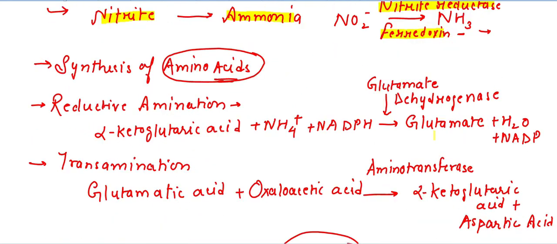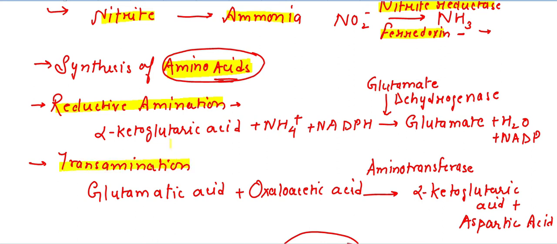Now after that, what happens? The ammonia is used for the formation of amino acids, because amino acids join to form the polypeptide, which is considered as protein. So amino acids are the constituents of proteins, and first of all ammonia gets converted into amino acids, by two processes. One is reductive amination and the second is transamination.